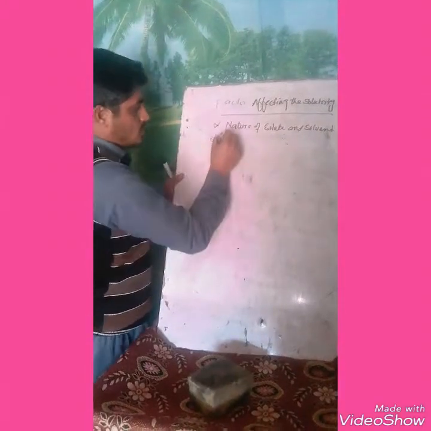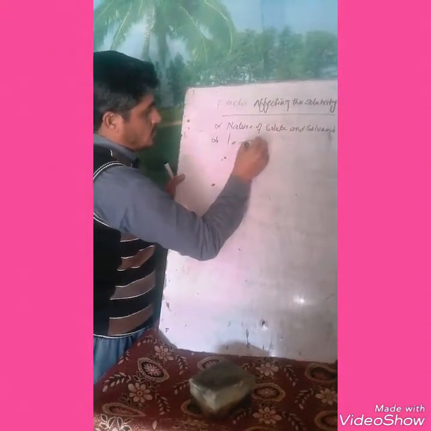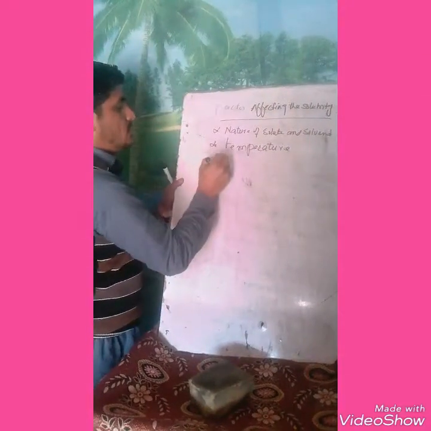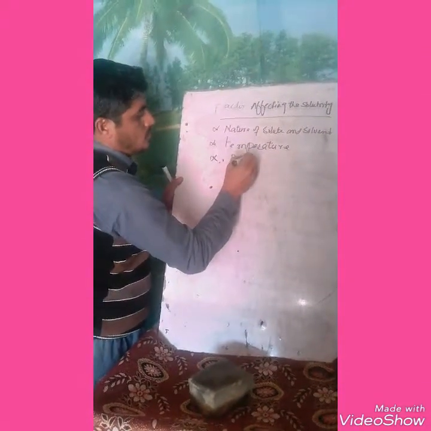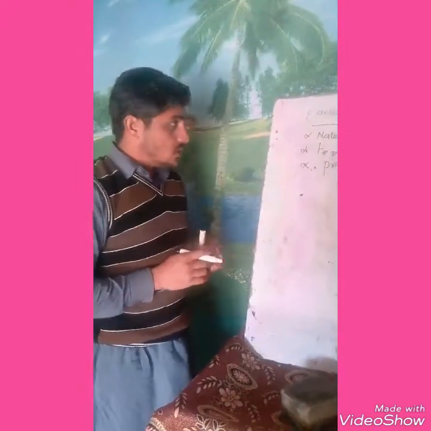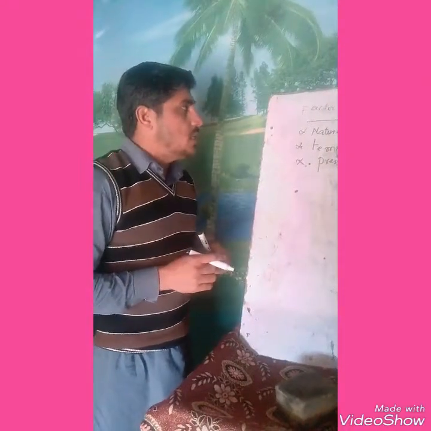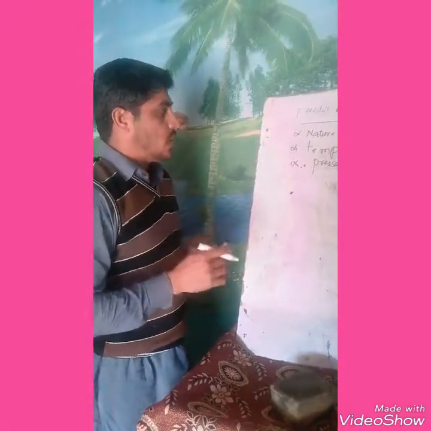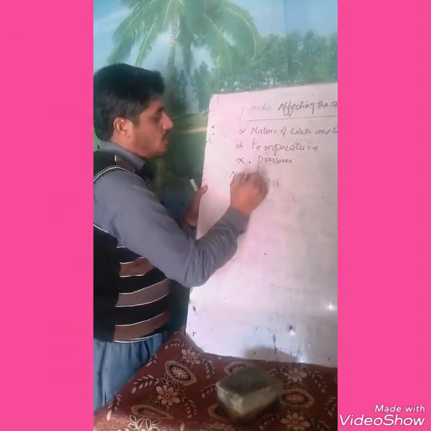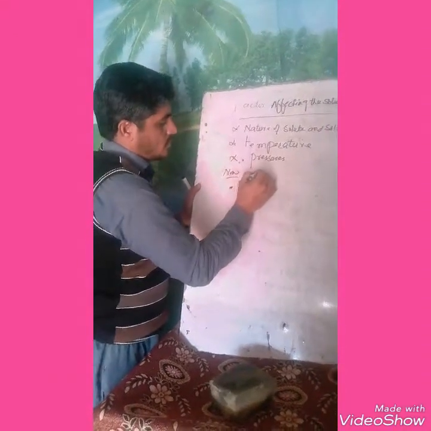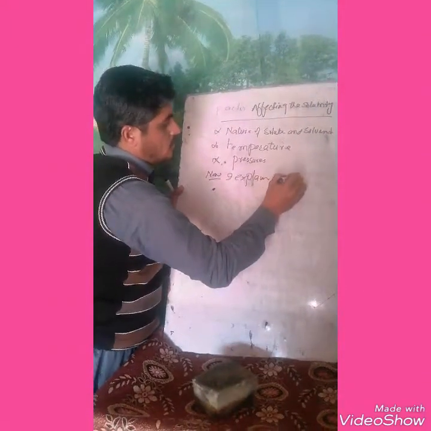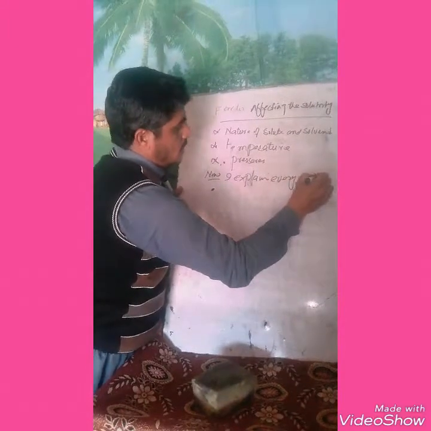Second, temperature. Third one, pressure. These three agents affect the solubility of one substance from others. Now I explain each one stepwise.